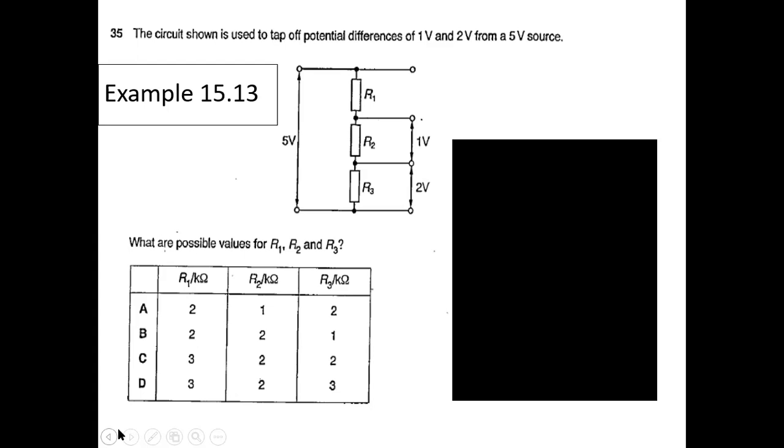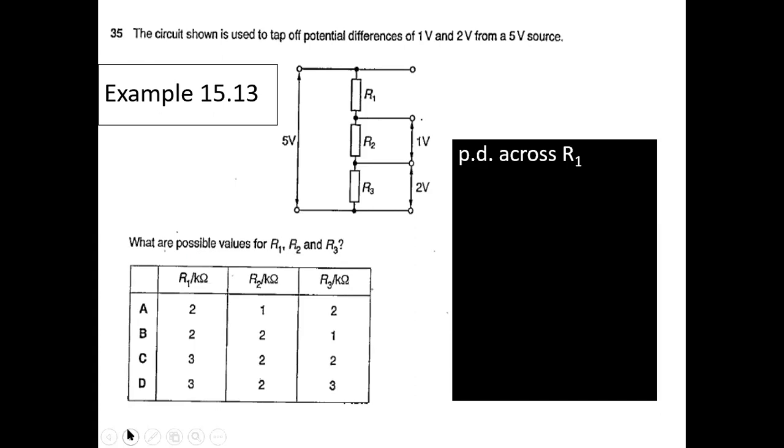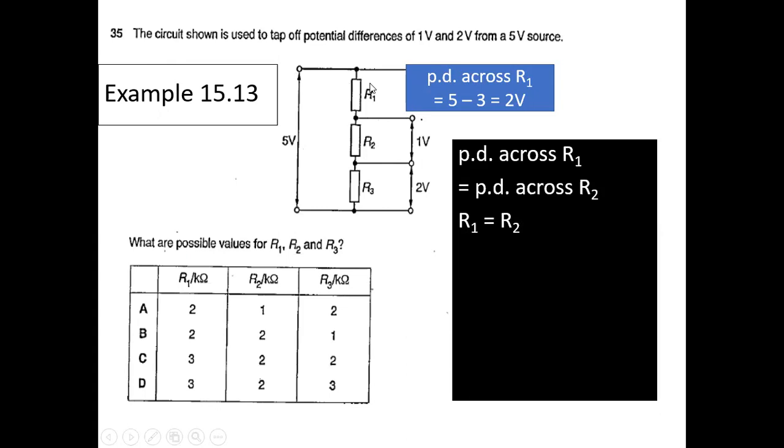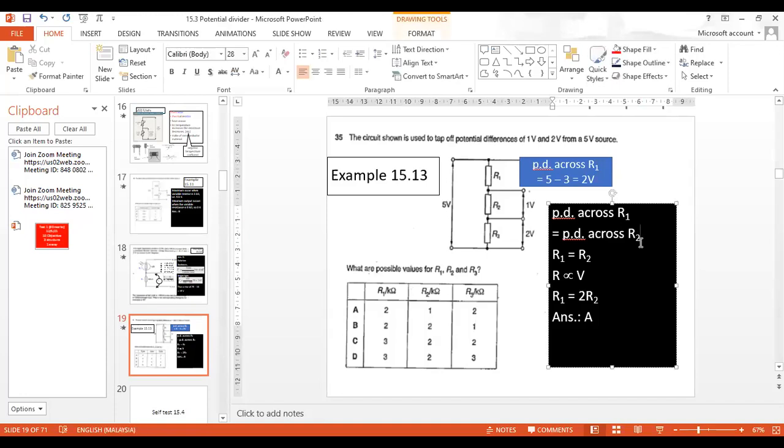Answer is A. Let's go over it roughly. PD across R1 is 5 minus 3, which is 2 volt. So this tells you that the PD across R1 equals the PD across R3. Yes, R1 equals R3.